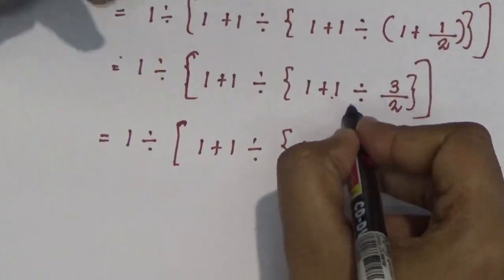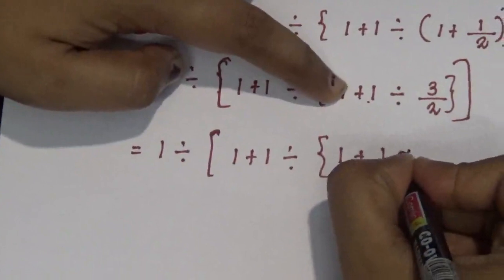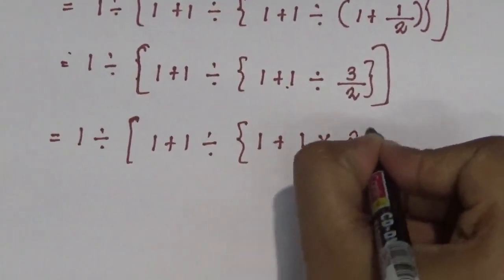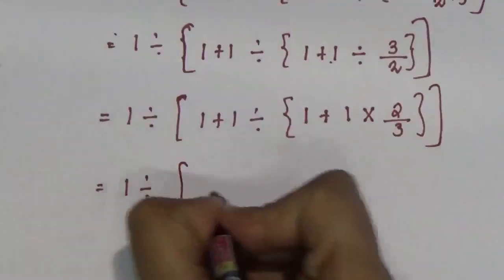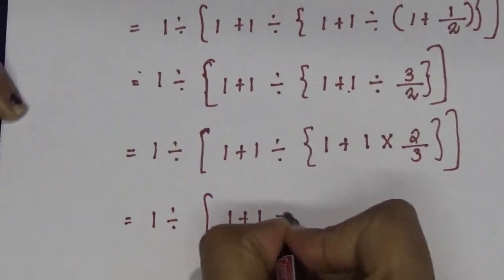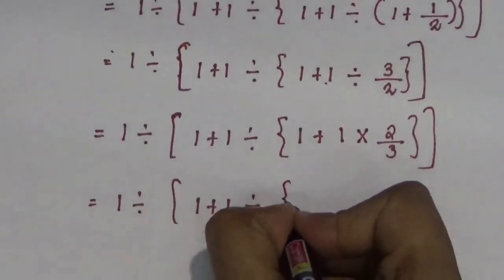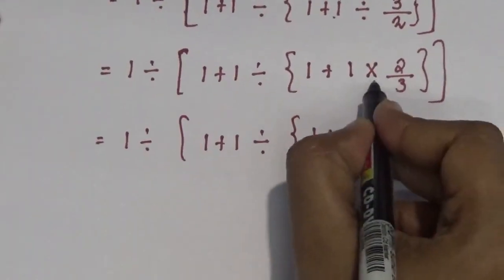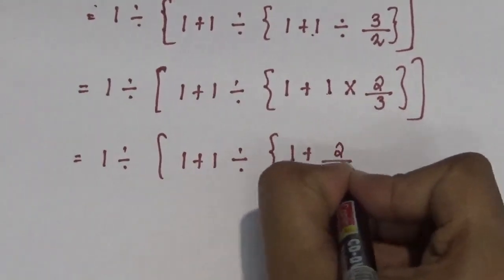To divide a number by a fraction, we multiply by its reciprocal. The reciprocal of 3 by 2 is 2 by 3. Don't write 1 plus 1 is 2 here, that's important. So again let's do this bracket: 1 plus, now multiplication first. It is 1 into 2 by 3, which is 2 by 3.